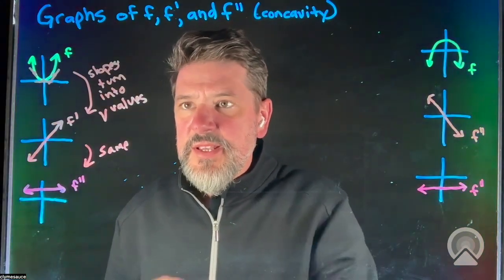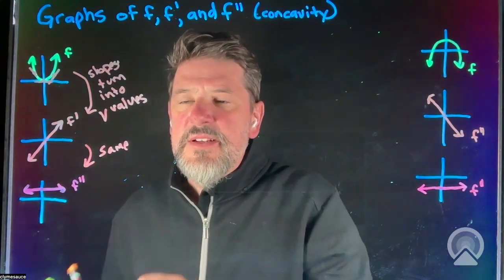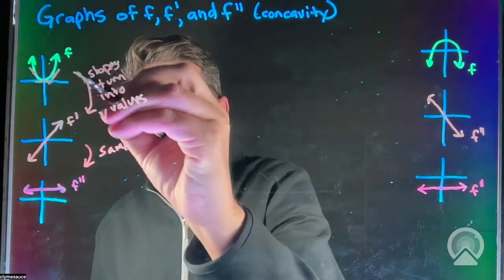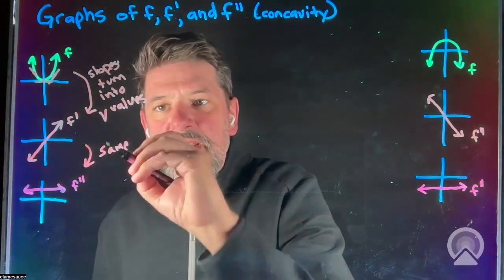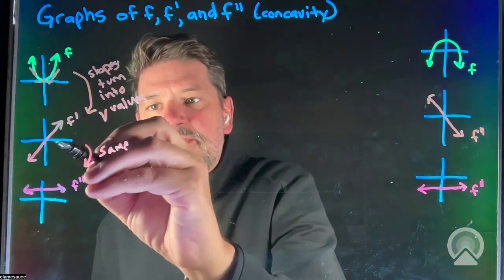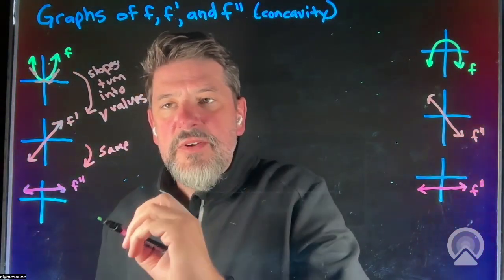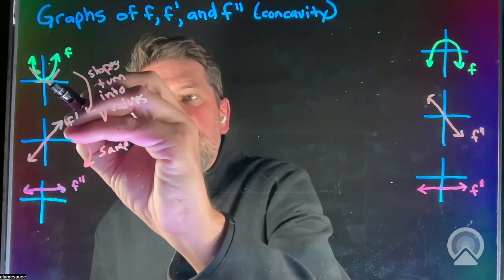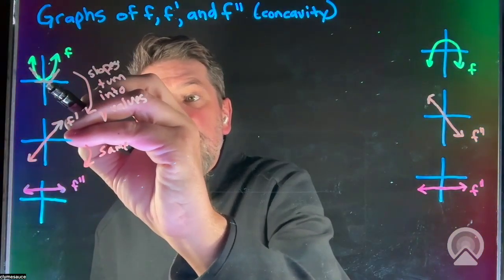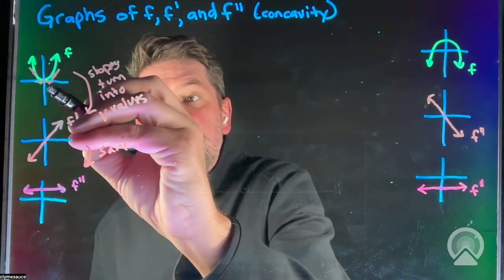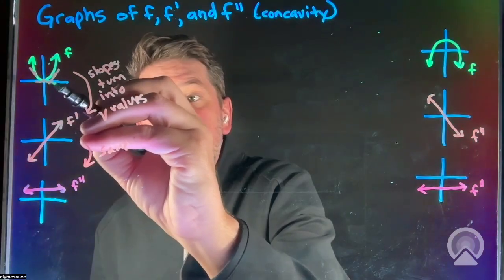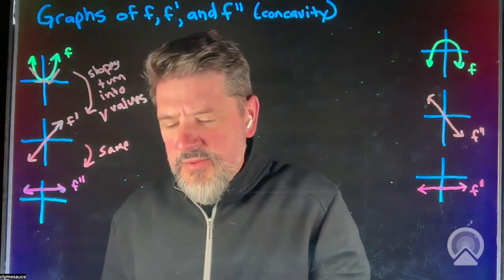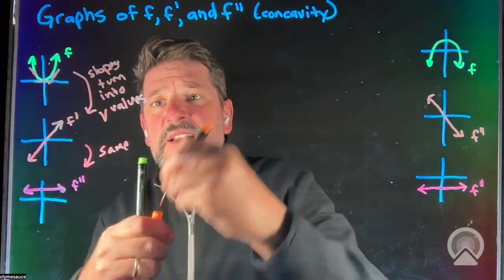Now, I want to point out something else. If you look at the slopes, why this f produces this f prime graph, we talked about 0, we talked about positive, we talked about negative, but we can do better than that. What we notice is that the slope here is negative, and then it's less negative and less negative until it's eventually 0, and then it's positive and becomes more positive and more positive, and it will continue to get bigger as we go along.